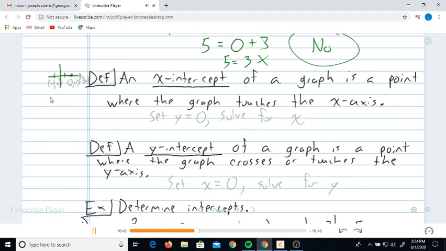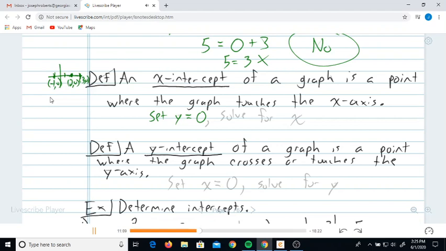Now, if you were to look at the Cartesian plane, you would notice that any point on the x-axis, 2, 0, negative 1, 0, 3, 0, 5, 0, 100, 0, they all have something in common in that they all have a y value of 0. So in order to be on the x-axis, the point has to have a y-coordinate of 0.